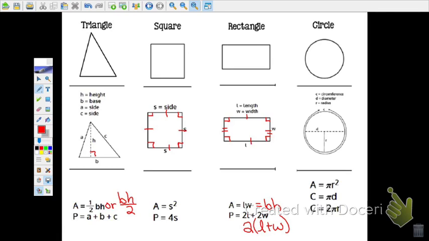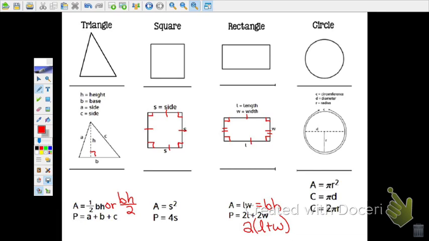For area of a circle, our formula is pi times radius squared. For circumference, you have two different options. If they give you the diameter, you can just take pi times diameter. If they give you the radius, we know 2 times the radius gives you the diameter. So you can just take 2 times pi times radius.